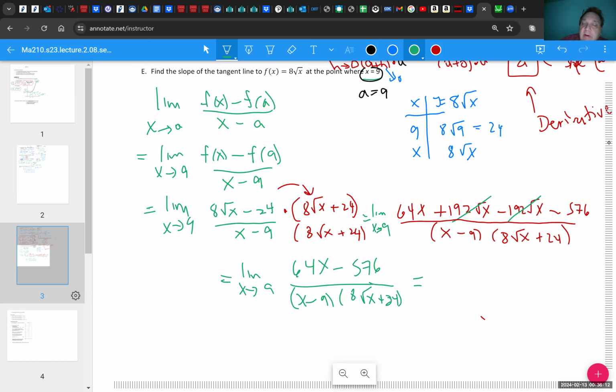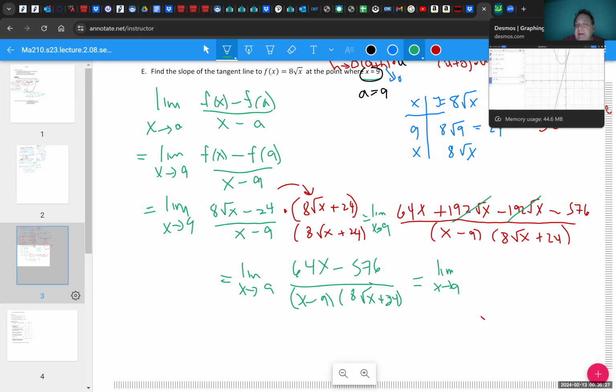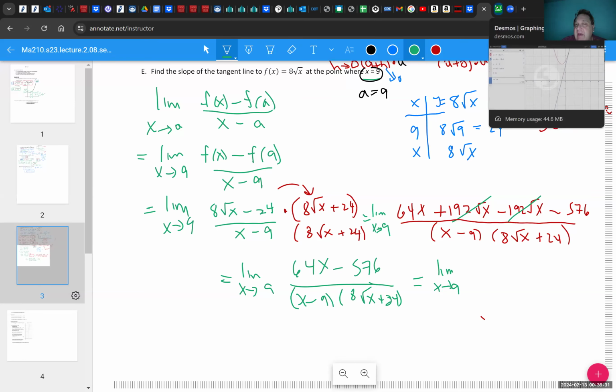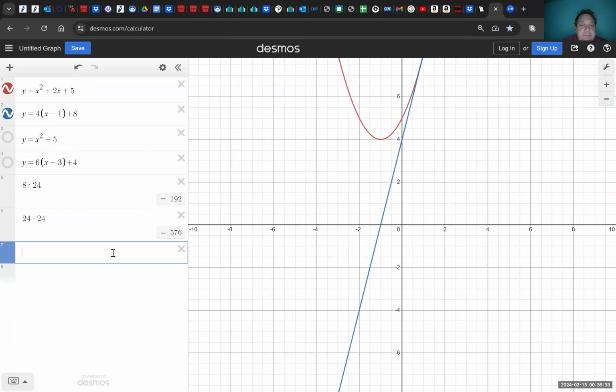So now you're like, what do I do now, right? Well, you remember that these problems should work out some way. So let's see if we can try to factor the top. The top has a couple big numbers in it, 64 and 576. Let's take 576 and divide by 64, see if they have something in common. Look, 576 divided by 64 is 9.